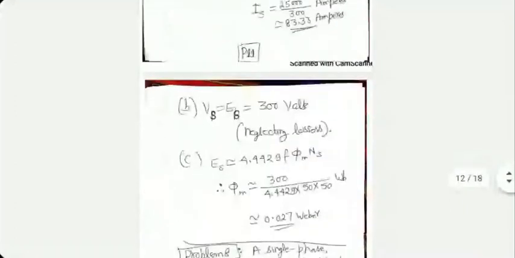Now, for the maximum flux in the core, again we go back to that famous equation. We assume that windings have no losses. So primary EMF is the same as primary applied voltage and secondary EMF is the same as secondary voltage. We can choose one of the equations. I'm choosing the secondary winding. I know that ES is the same as VS, it is 300 volts. And then I use the equation.